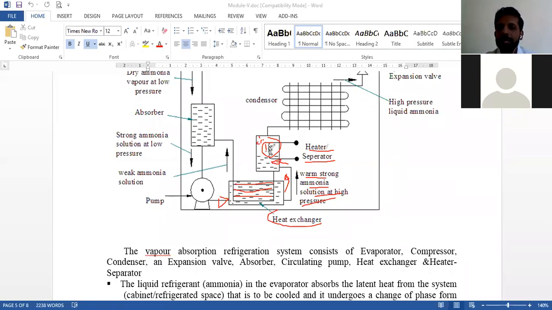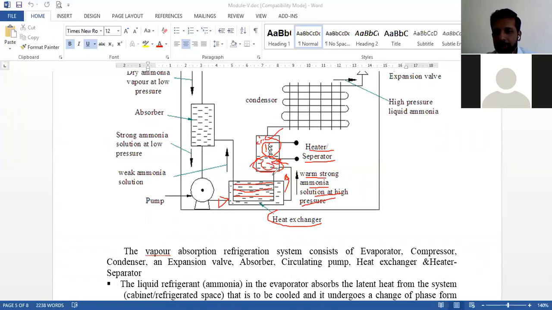Okay, right. So what will happen? Only the ammonia content will get evaporated and converted into gaseous phase. But what will be remaining over here is the ammonia not in the concentrated form. It is the diluted form of ammonia that will be present.